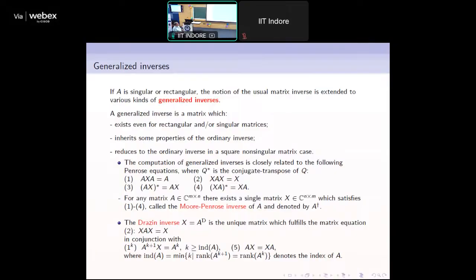Generalized inverses should inherit as much as possible properties of ordinary inverse. And such defined G inverse should inherit some properties of ordinary inverse. If these three properties are not satisfied, then we cannot say our G inverse is properly defined.